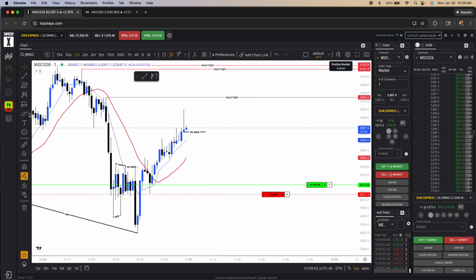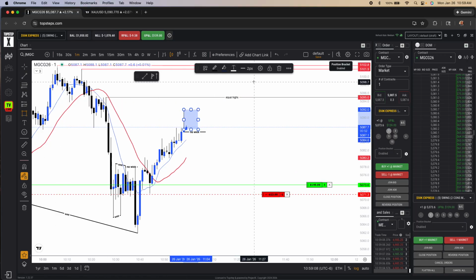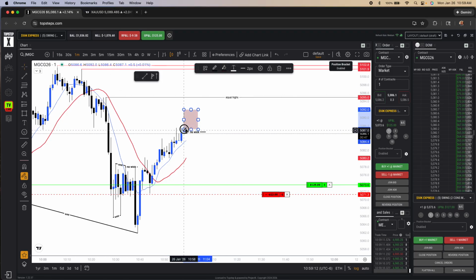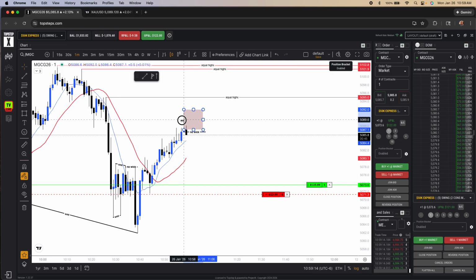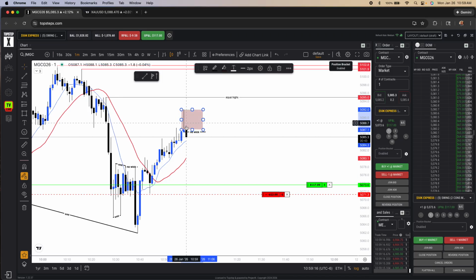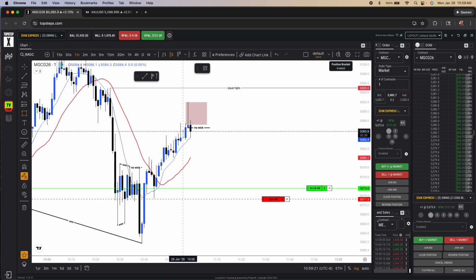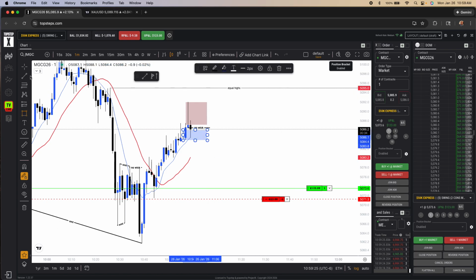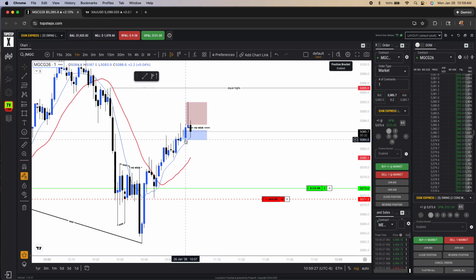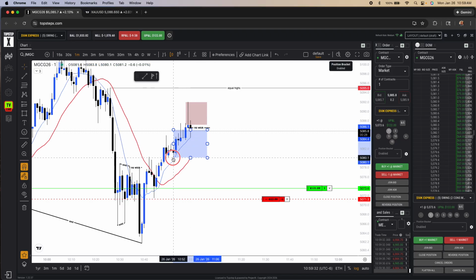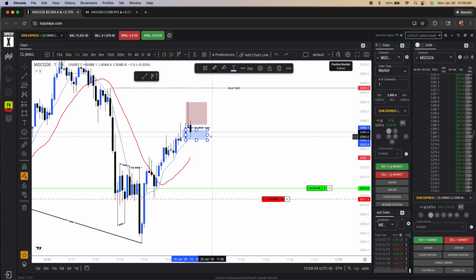You can see sellers are now stepping into the market in this candle right here. Now, if we could get a push through that and not see sellers continue to sell from this moment, then that'd be really good. So we got a little bit of buyers inside of here. It'd be nice if they could hold right here and then push us through this selling zone. But there's buyers sitting all in here as well.